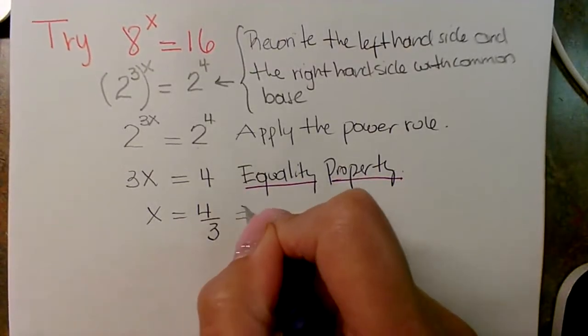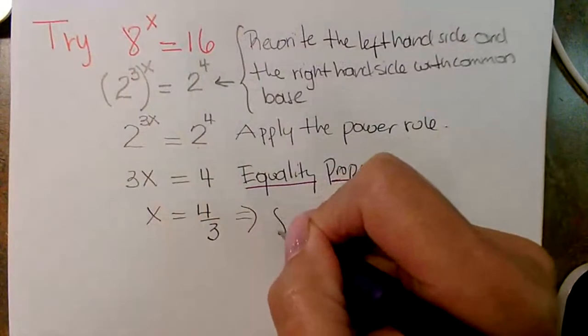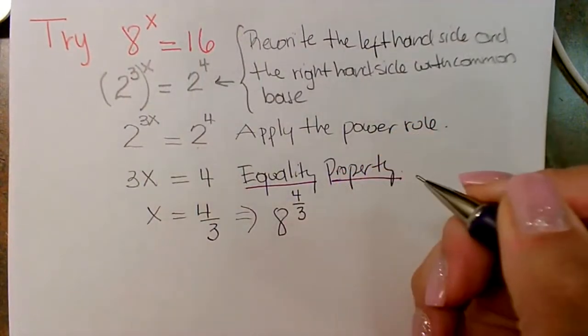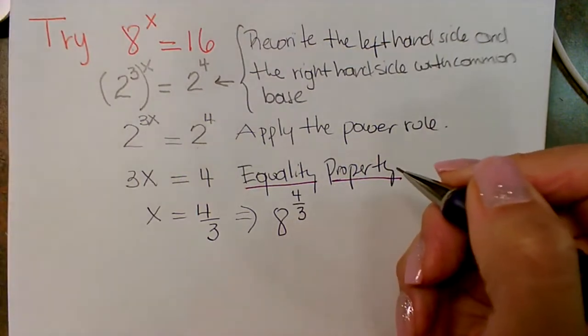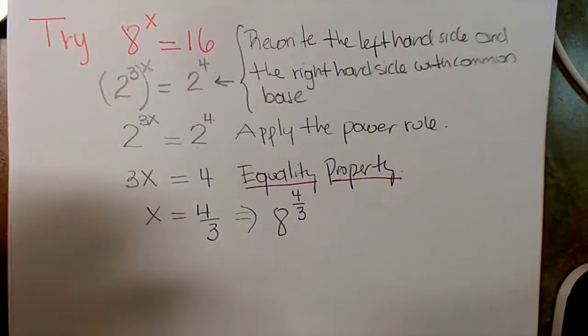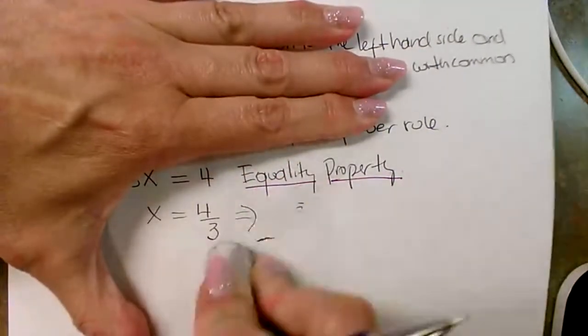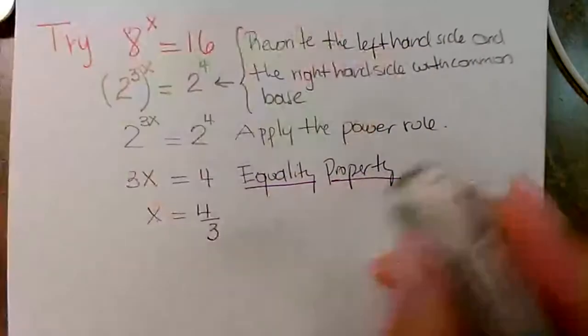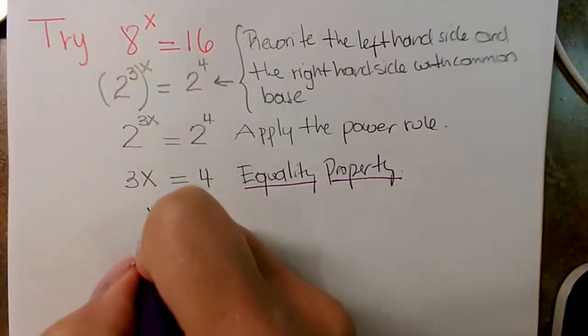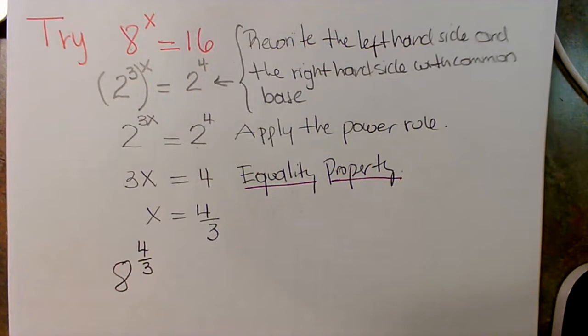Now, let's go back. So we have 8 to the 4 over 3. Hold on. So what is 4 over 3?